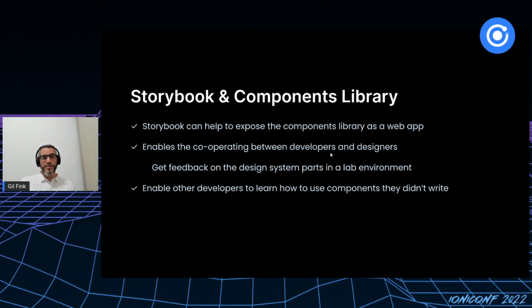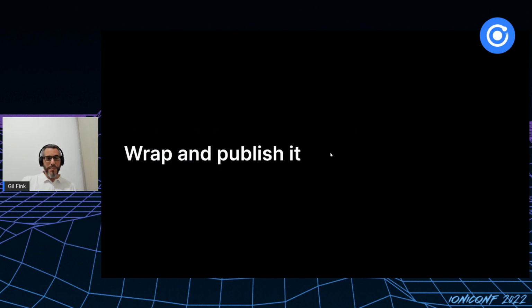And it is also enabling the other developers in your company to look at the code in your shared component library, and to understand how to use your components and how to write your integration with those components. So what next?